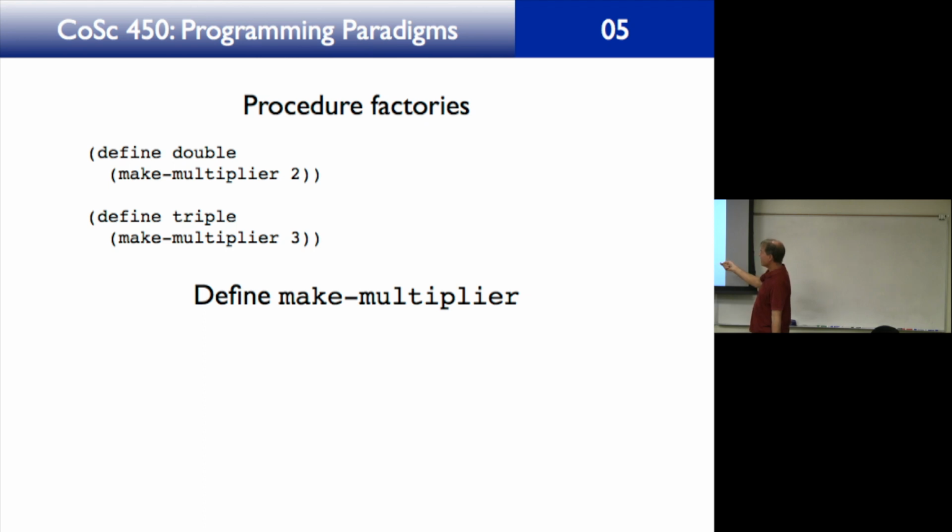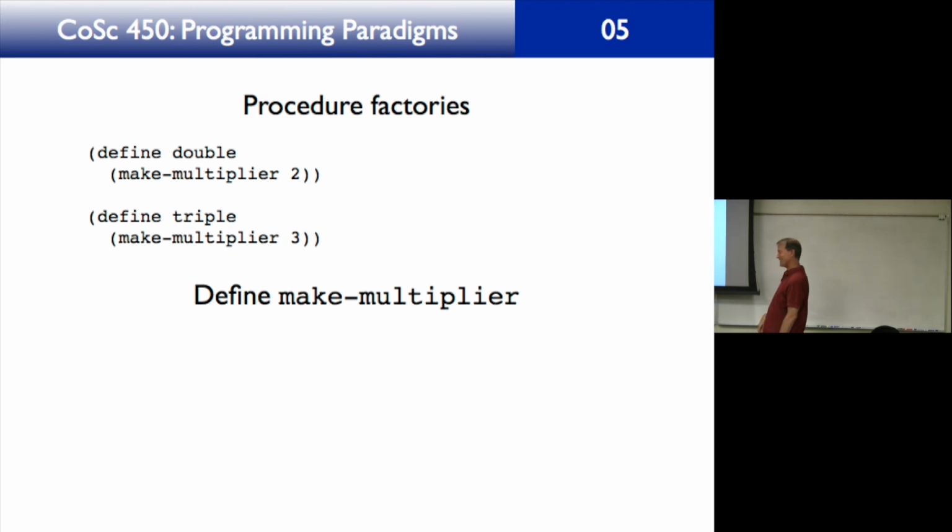So look, let's define make multiplier, right? Now, do you see what make multiplier has to do? If we give make multiplier a parameter 2, then what does it have to return? No, it doesn't return 2 times anything. It returns a function. Yeah, this is a functional paradigm. So now let's do this line by line. What's the first thing that we do if we want to define make multiplier? Tell me what the first line should be.